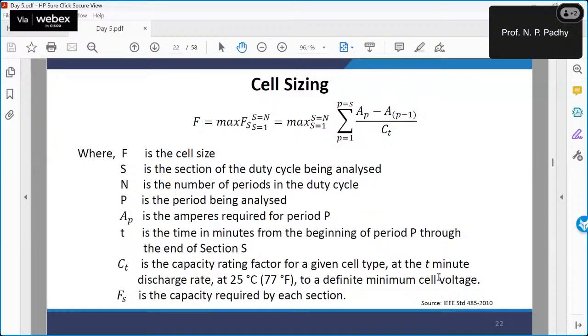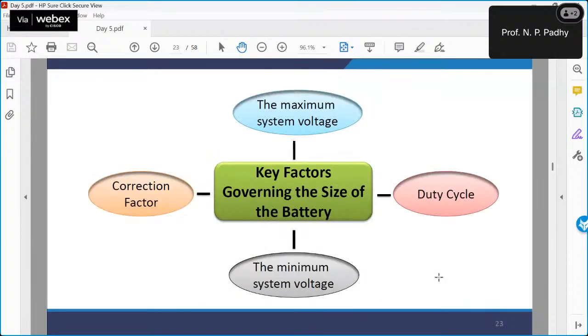So it's a very simple equation. If you are interested in working on optimizing the cell sizing, probably this equation can be used.